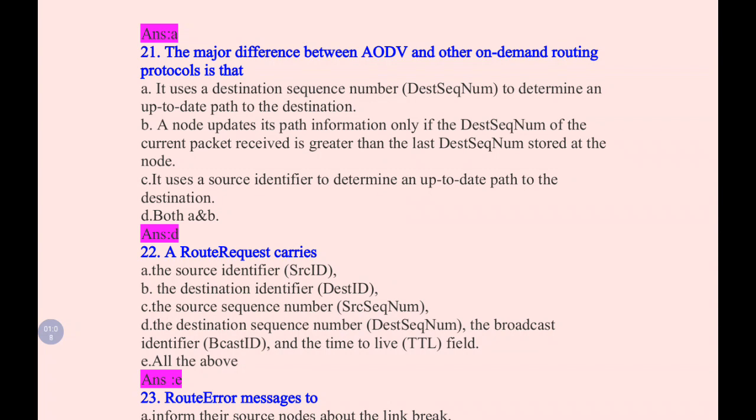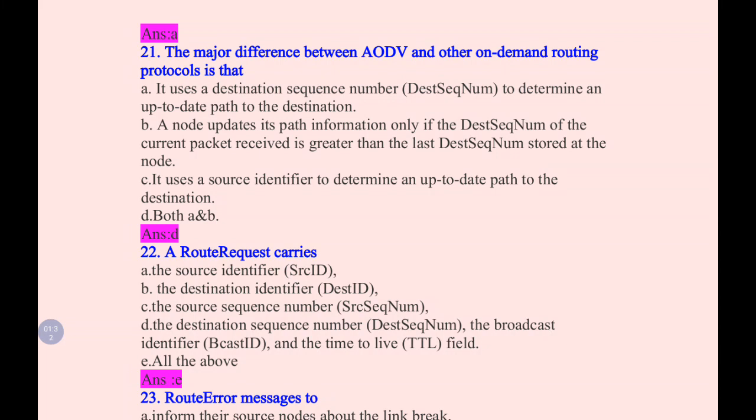So that is correct. And a route request carries, what will it carry? First is the source identifier, the destination identifier, the source sequence number and the destination sequence number, the broadcast identifier and the time to live field.